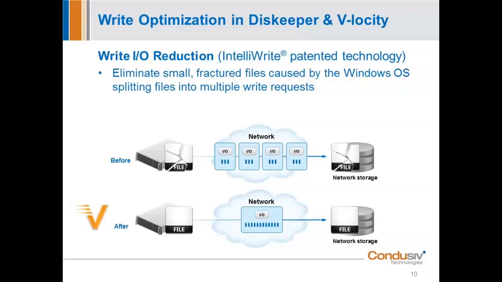Nice sequential I/O. And I indicated the file system doesn't know when a file gets created or extended how big it's going to be, so it doesn't know to go look for the best allocation. So we're doing something very simple. In the background, we're looking at the activity on your system and seeing, for certain file types or certain applications, when a file gets extended or created, how big it's going to be.